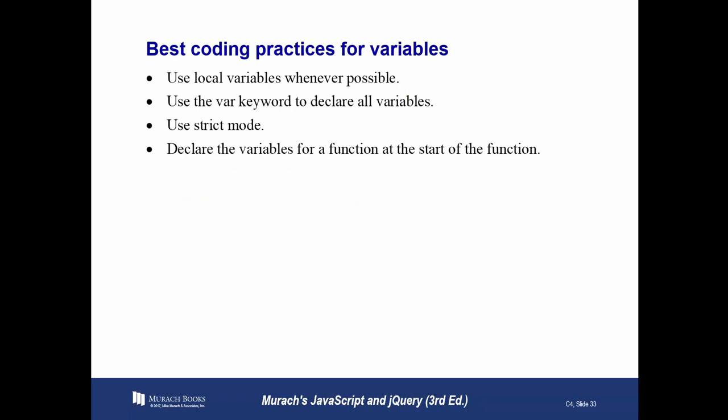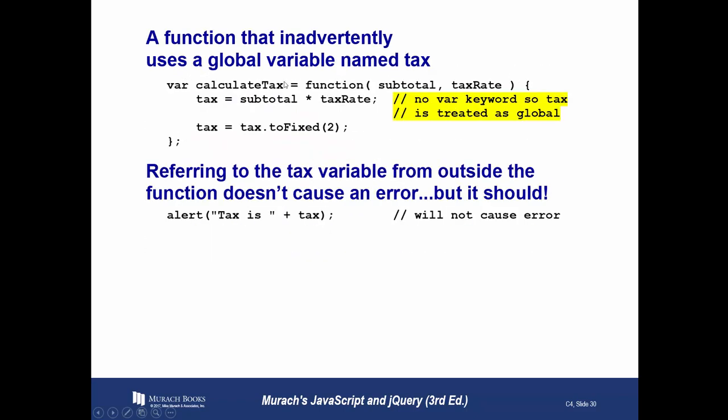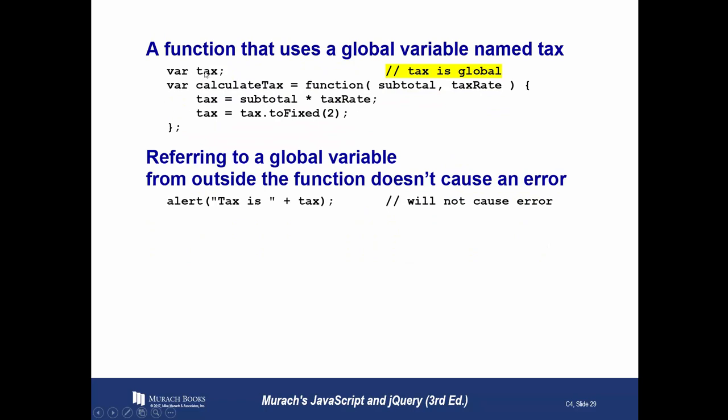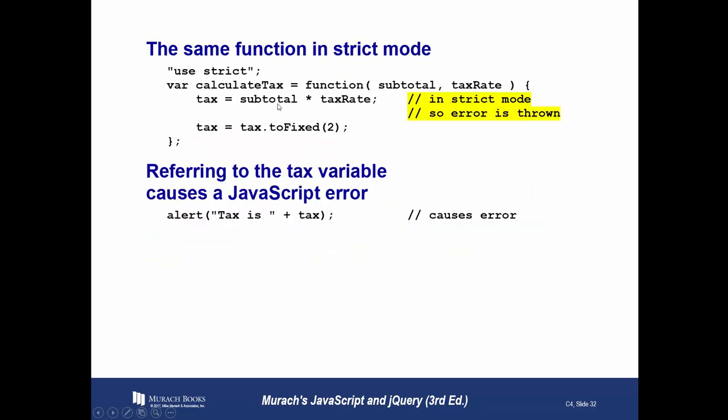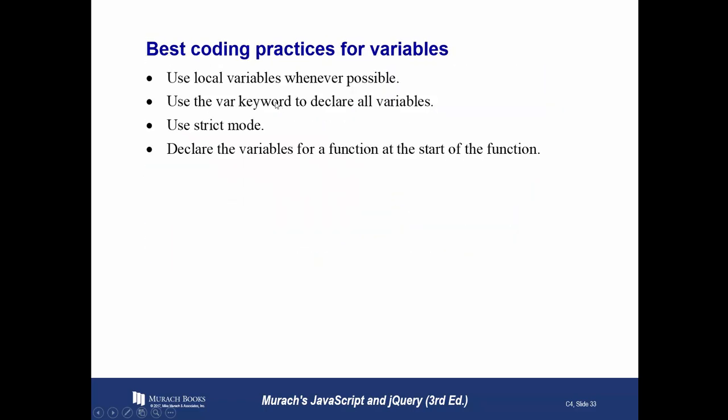Some best coding practices: use local variables whenever possible. You don't want global variables like we saw here. Global variables can cause side effects, which means that anything in the program can change the variable. That may be what you want, but chances are really good it's not.